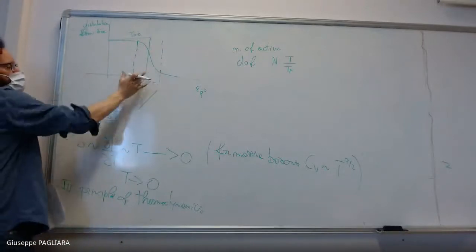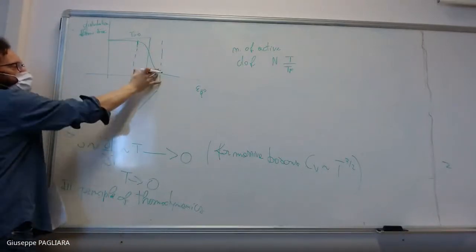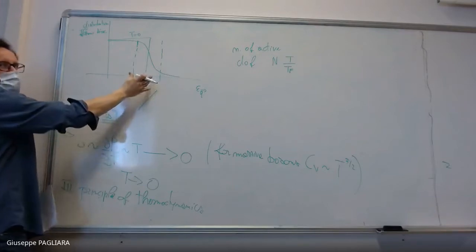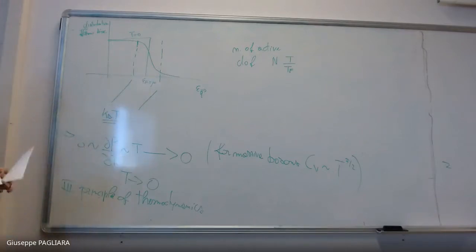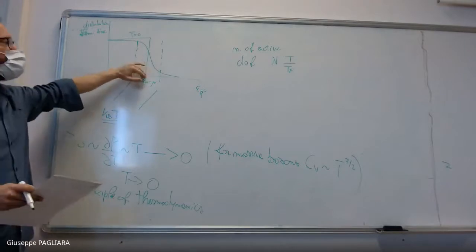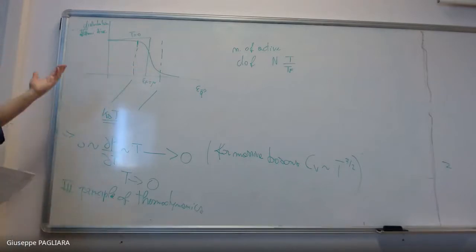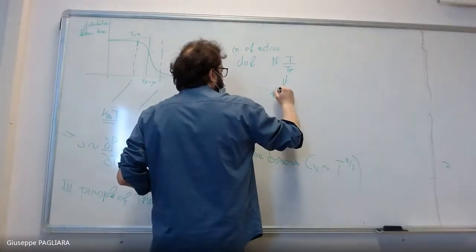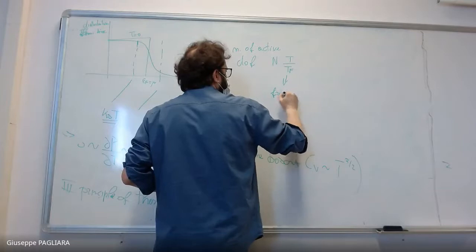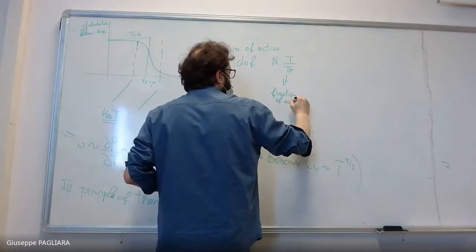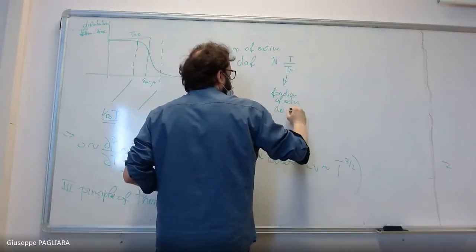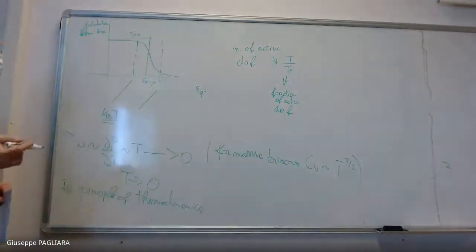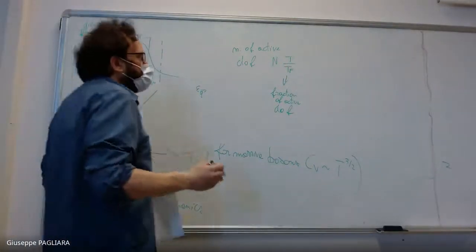Which is basically this region here, k_B T, divided by k_B T_F, which is the ratio between the particles that can be excited and all the particles. So this is the fraction of active degrees of freedom times N, which provides the total number of active degrees of freedom.